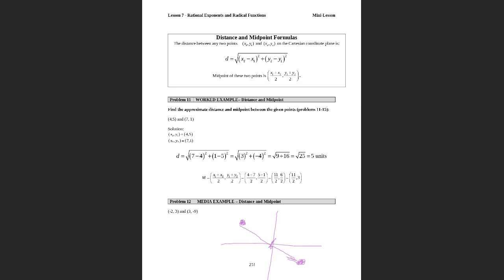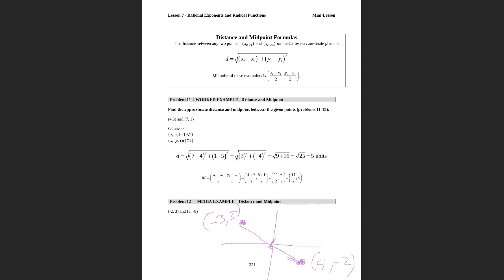So the formula is that since you have 2 points, let's say here you have -3 and 5, and then here you have +4, -2.